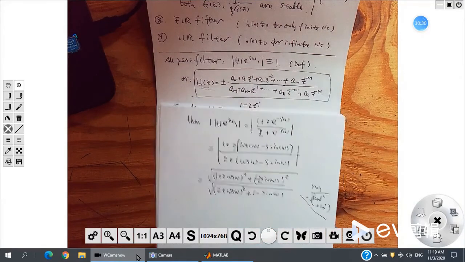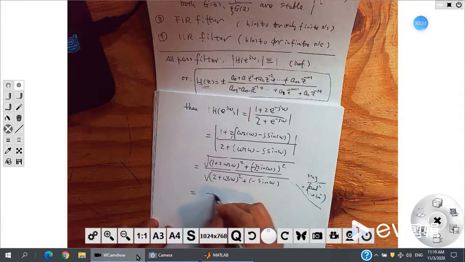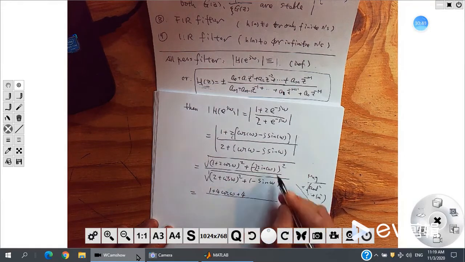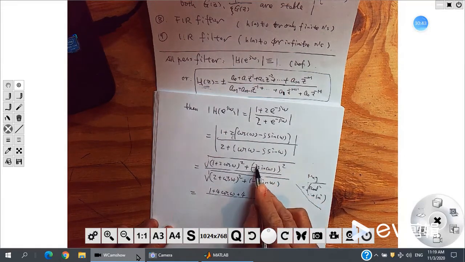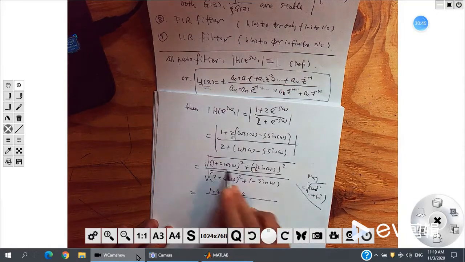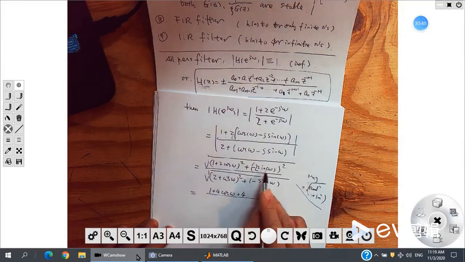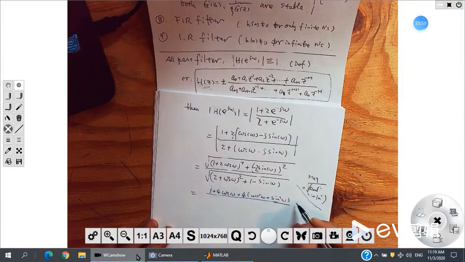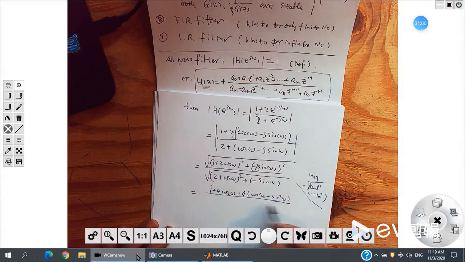Okay, now it's good. Then we do some calculation. The numerator is 1 plus 4 cosine omega plus, 2 squared is 4. This one is also 2 squared is 4. Both contain 4. This is 4 cosine squared, this is 4 sine squared. Then do the summation, it is 1, right? Cosine square omega plus sine square omega, you add them together, you should have 1.